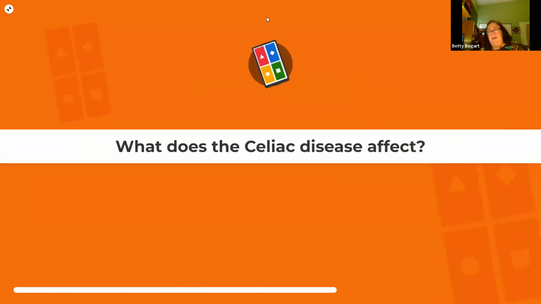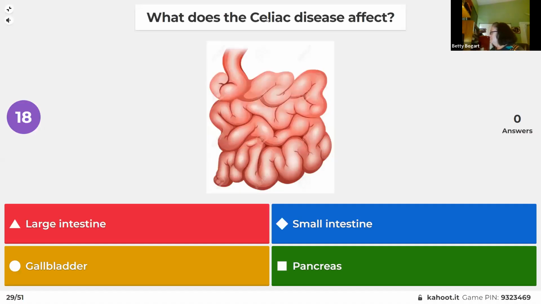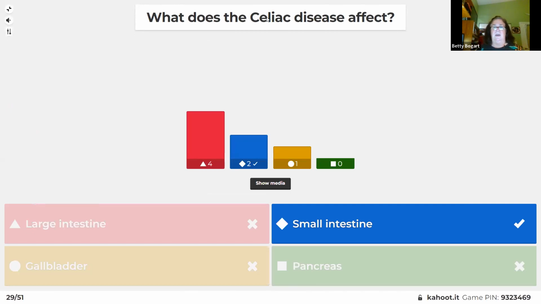What does the celiac disease affect? And the celiac disease affects the small intestines. Has nothing to do with the large intestines. Well, let's take it back. And why is it that?